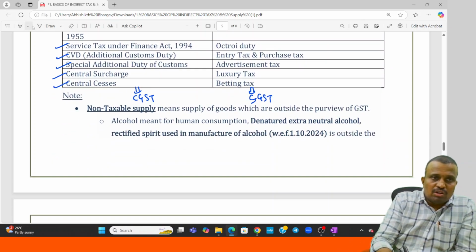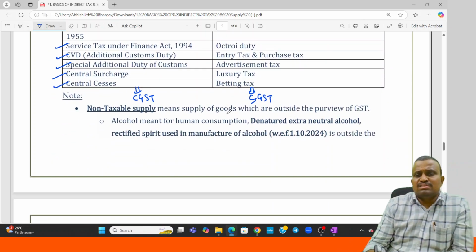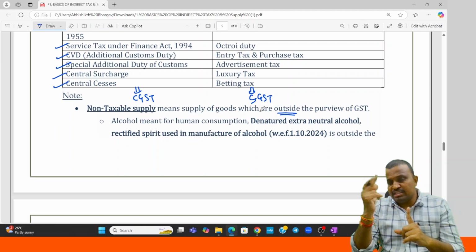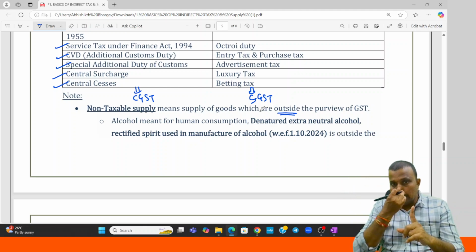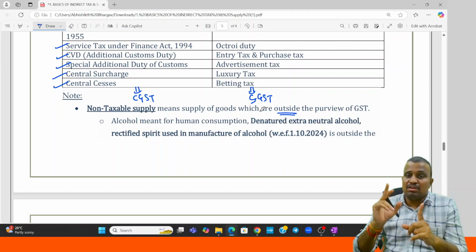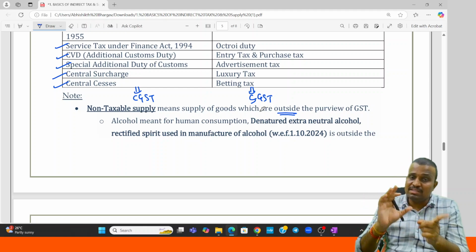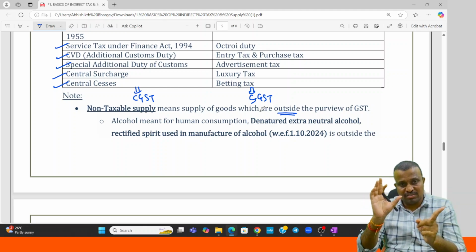And now non-taxable supply. Non-taxable supply means supply of goods which are outside the purview of GST. First, in the definition itself, alcohol meant for human consumption is completely eliminated. While producing alcohol, we use raw spirit, and the raw spirit used in manufacturing alcohol was previously taxable under GST.